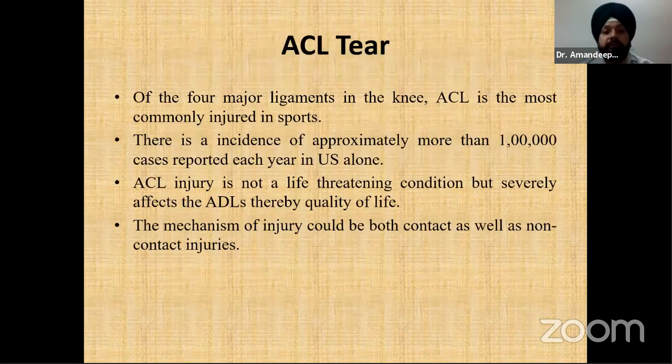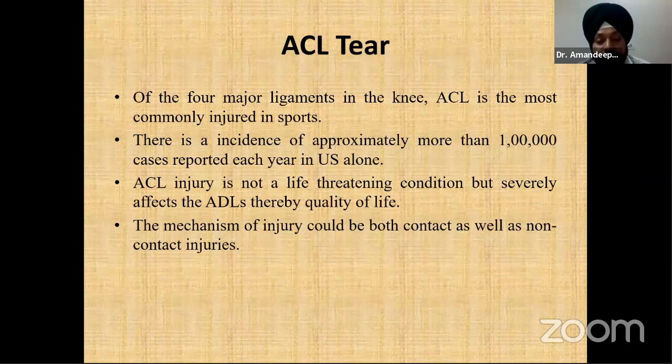Now, the ACL tear, of this important ligament. If we talk about the incidence of injury of this ligament, there are approximately more than 100,000 cases reported in the US alone each year. It is not a life-threatening condition, but it severely affects the ADLs, your activities of daily living, thereby hampering quality of life.